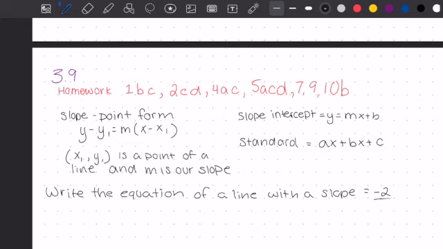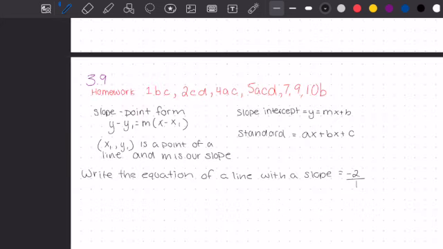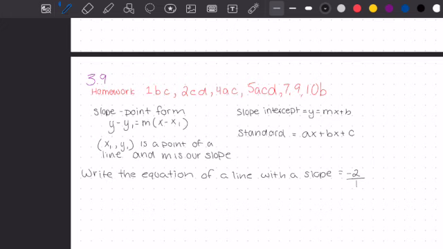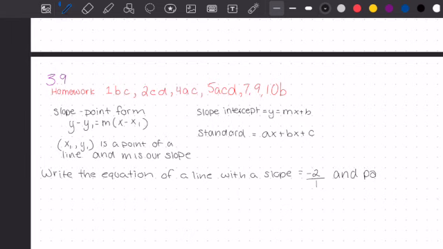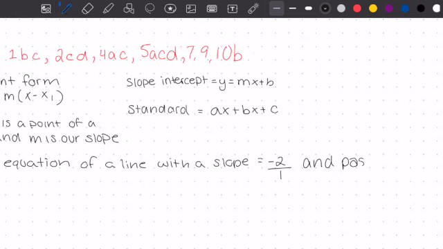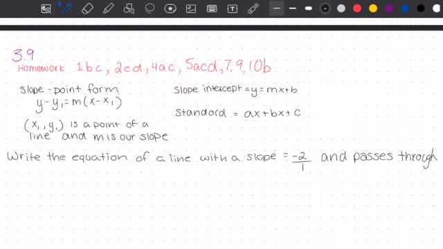Remember, any number like this is like -2 over 1. So our rise is down 2, and we're going to the right 1 each time. And then the line passes through the point 1, 4.